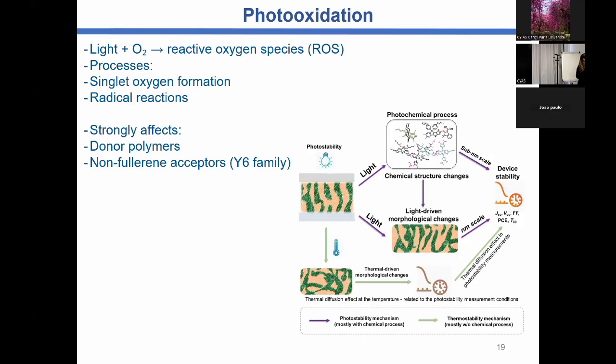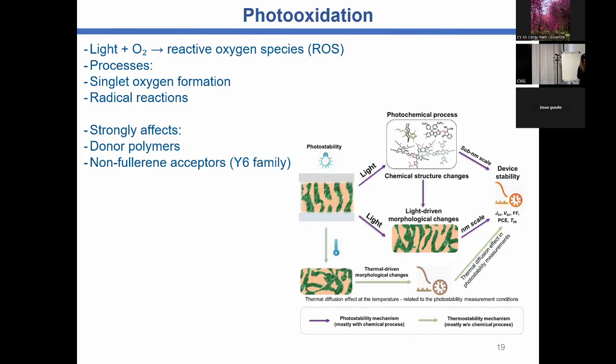The Y6 family, for instance, is nowadays one of the most efficient materials for organic solar cells, but in terms of stability, photooxidation stability is quite an issue.